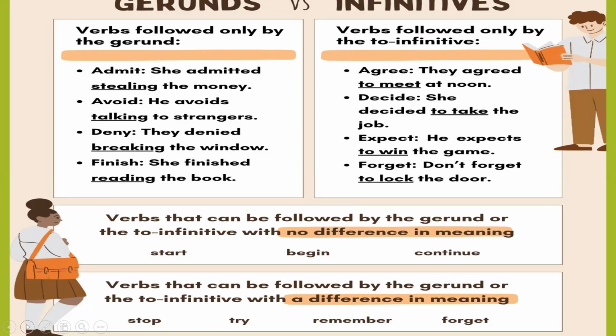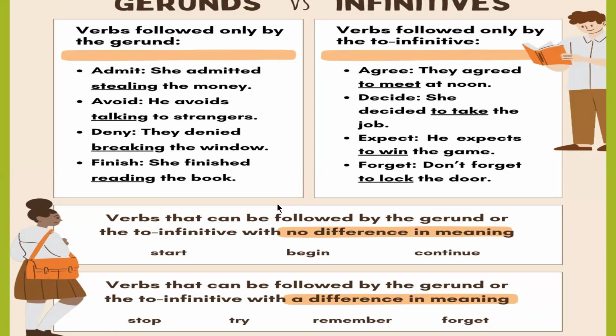Expect: he expected to win the game. Forget: don't forget to lock the door. So these are the verbs which always use "to" infinitives: agree, decide, expect, forget. A few verbs only come with gerunds: admit, avoid, deny, finish.